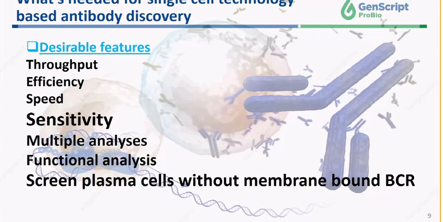Those include throughput efficiency, because there's an enormous amount of immune cells to assess; the sensitivity; the ability to perform multiple analyses, not just limited to antigen specificity but also including a functional aspect. And finally, we want a system to work directly with antibody-secreting plasma cells that do not have a membrane-bound BCR.